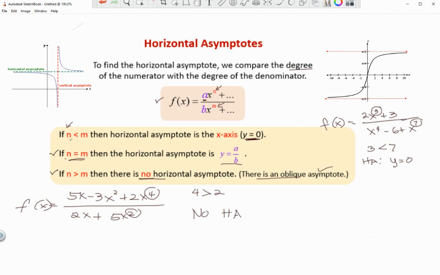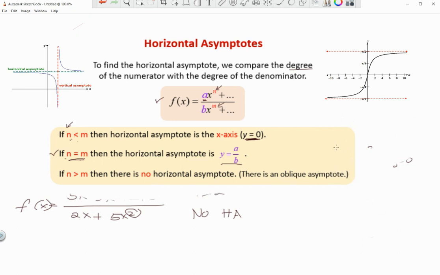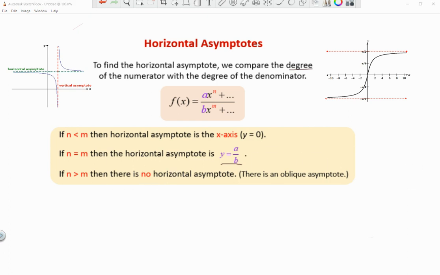All right. So let's look at some examples. I'm going to give you some functions, and you tell me which case it is and what the horizontal asymptote is. The first one is this: f of x equals 8x squared over x minus 10.